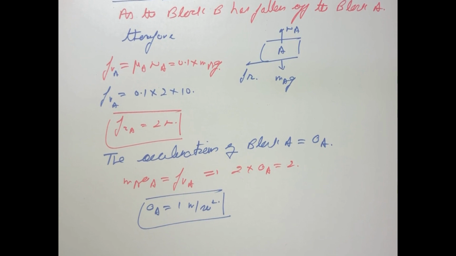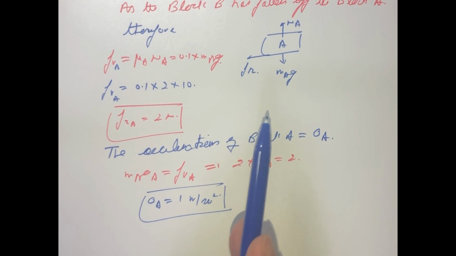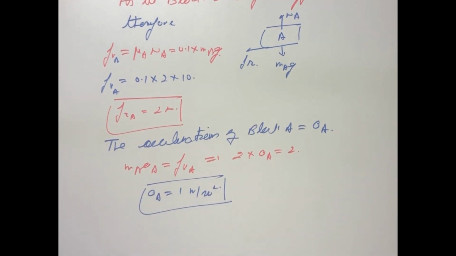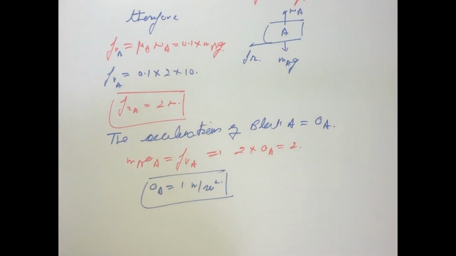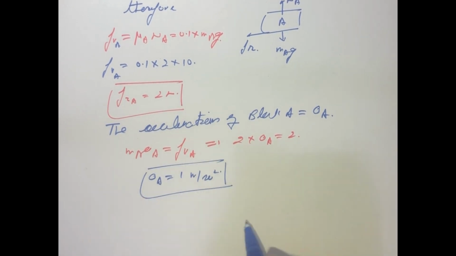Now let's find out the time for block A. It is also said that after some time the velocity of block A will be the same as that of the belt. So let us find out the time at which the velocity of block A will become the same as the velocity of the belt.